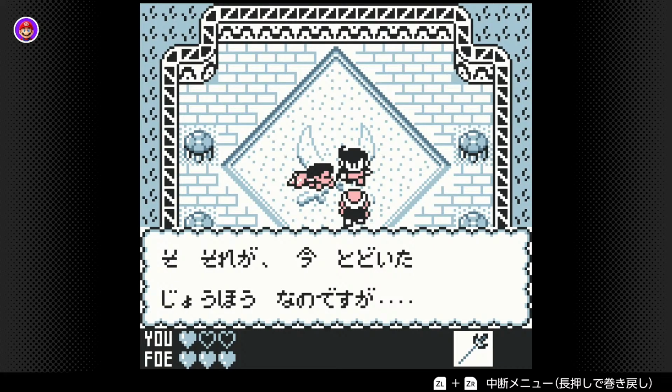Then we have todoita, from todoku, in this case, technically, first and foremost would be to reach, to get to, and then by extension, to be delivered, to arrive.